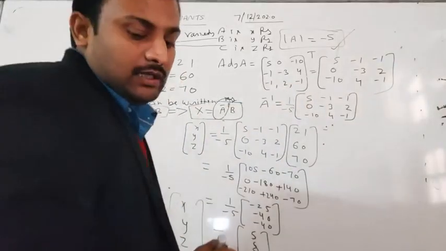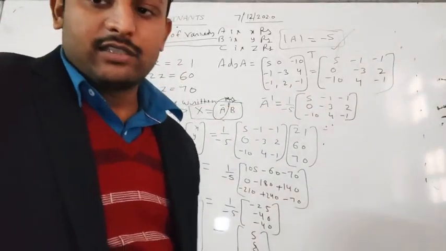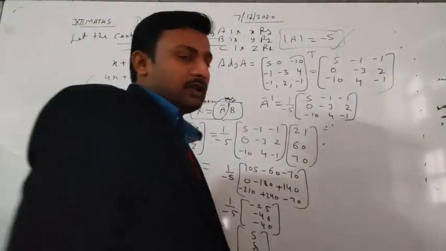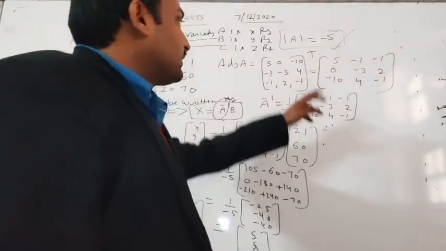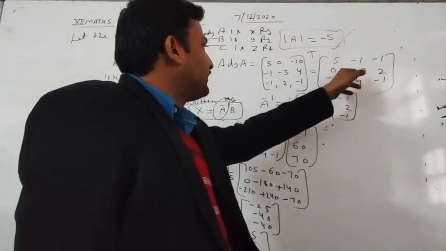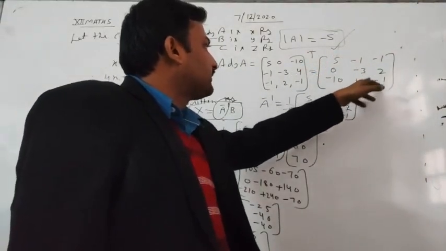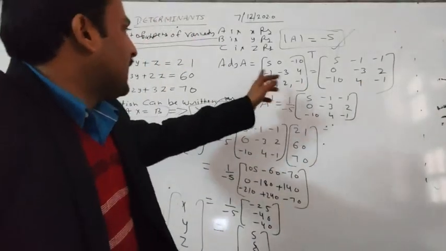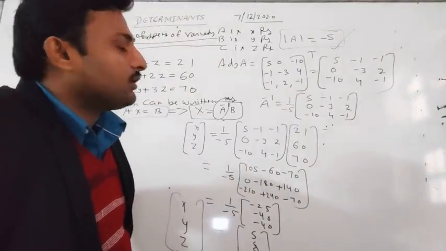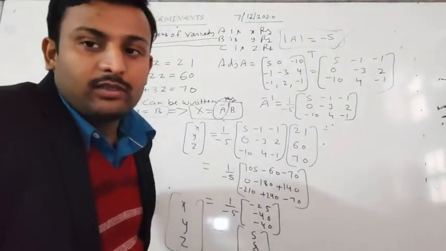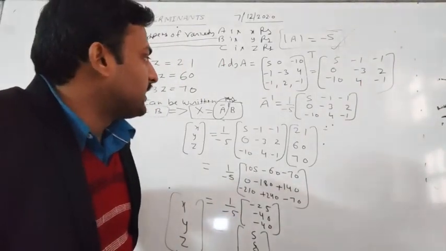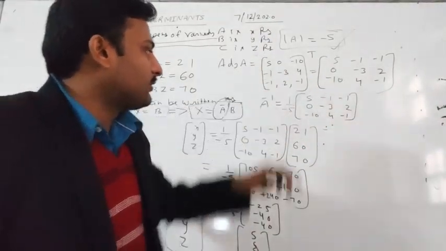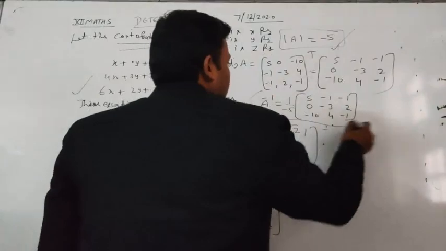Now when we take the transpose, changing the rows into columns of the cofactor matrix, we get our adjoint of A. So when we change, we get 5, 0, minus 10, 3, minus 4, minus 1, 2, minus 1. In this way we can find the adjoint of A. Now we know the formula of A inverse, which is the adjoint of A divided by the determinant of A. The determinant of A is minus 5. So we have found our A inverse.